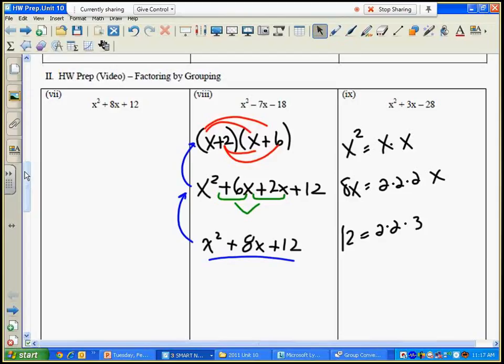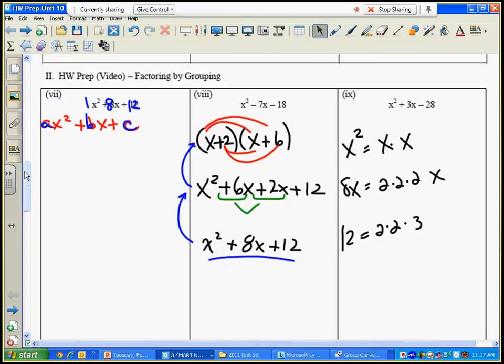And the way we're going to do it is factoring by grouping. Okay? Well, let me also introduce something else. You can write this down for me. The standard form here of an algebraic expression is ax squared plus bx plus c, where the a, the b, and the c are just numbers. As you look up at the expression we're given, here the a is 1, the b is 8, and the c is 12.